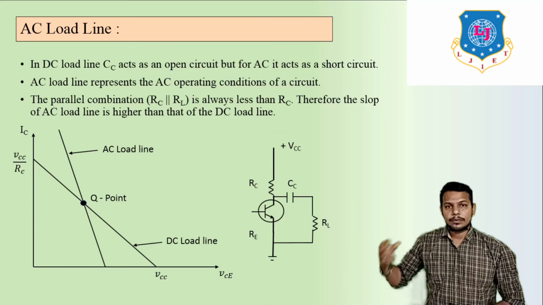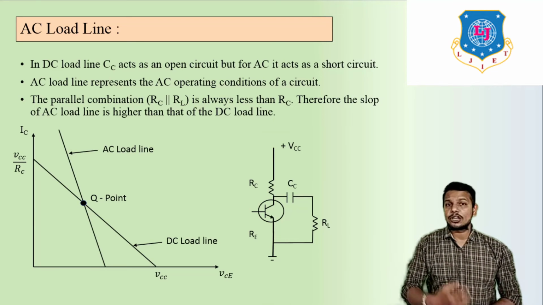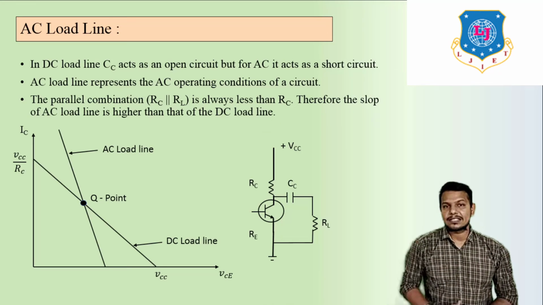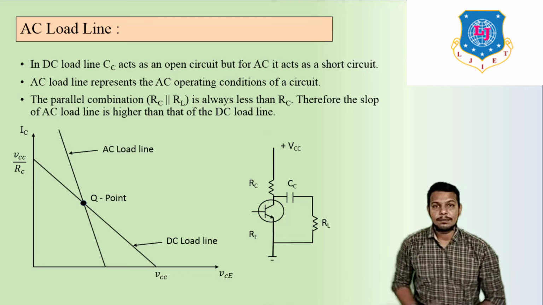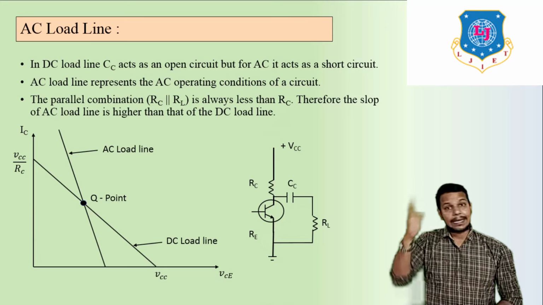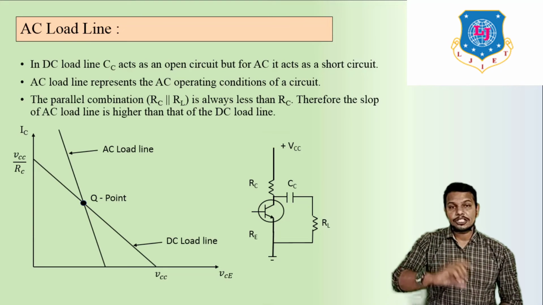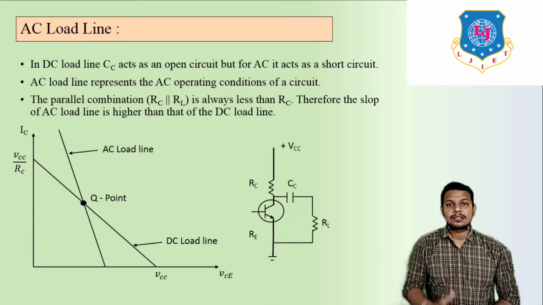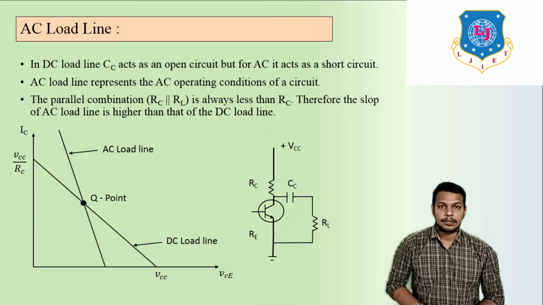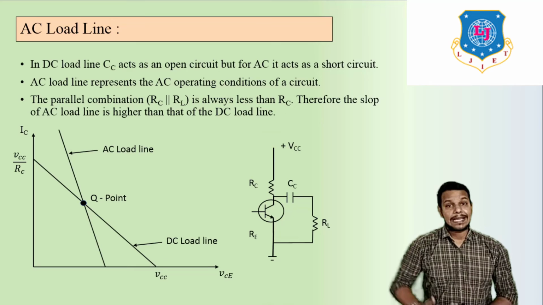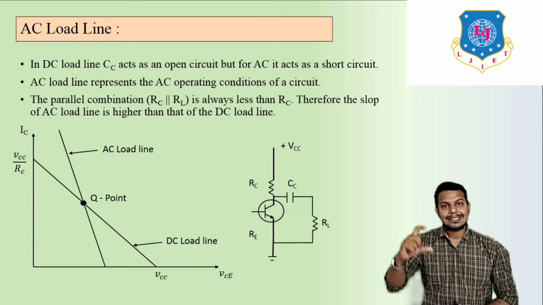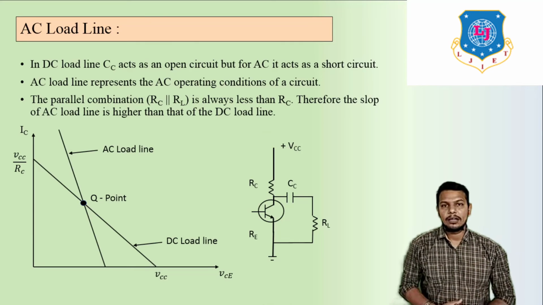So here the parallel combination of RC parallel RL is always less than RC. Why does it become less than RC? Because RC is connected at the collector side, and RL is connected across the transistor side. Between RC and RL there is one capacitor. If we use AC, that capacitor becomes short circuited and RC and RL become parallel with each other.